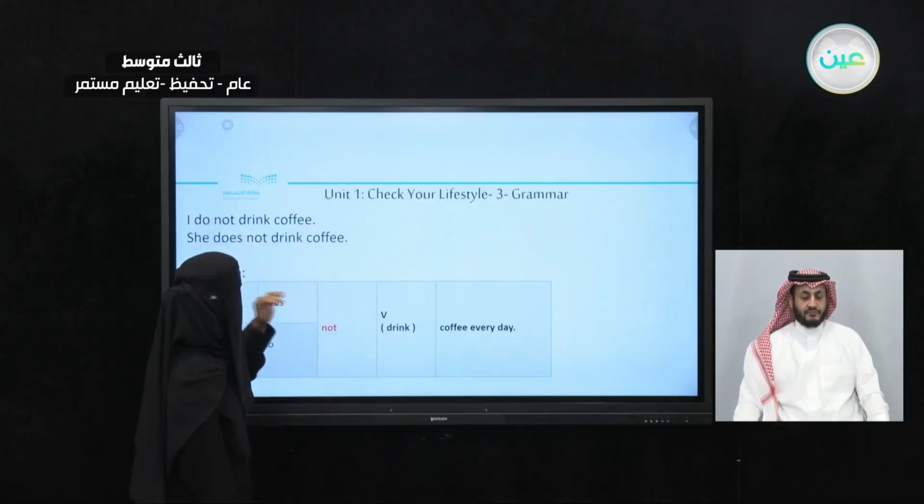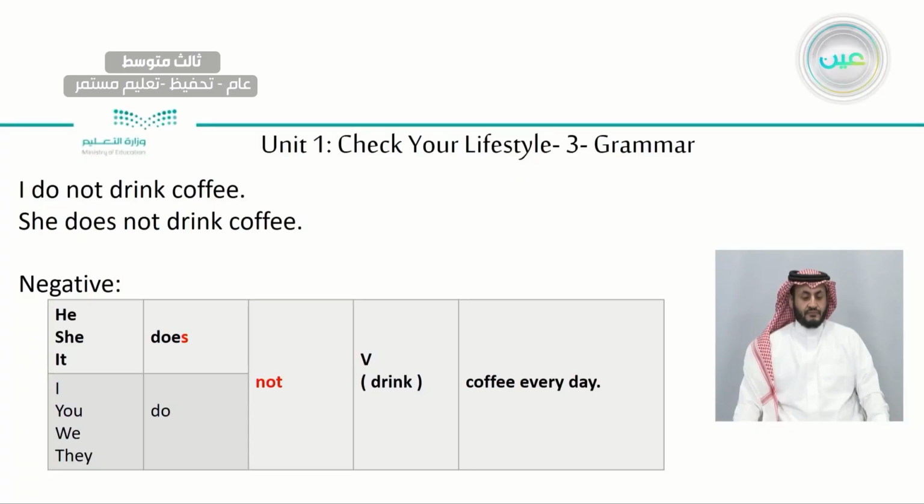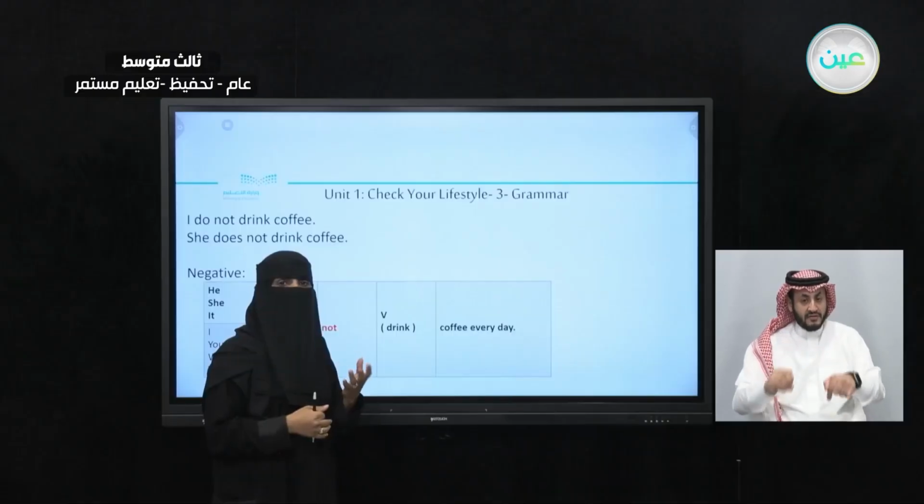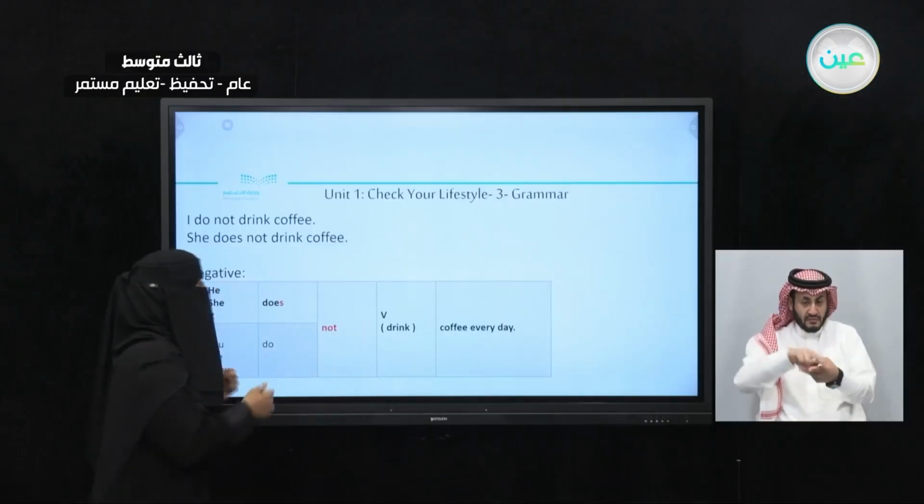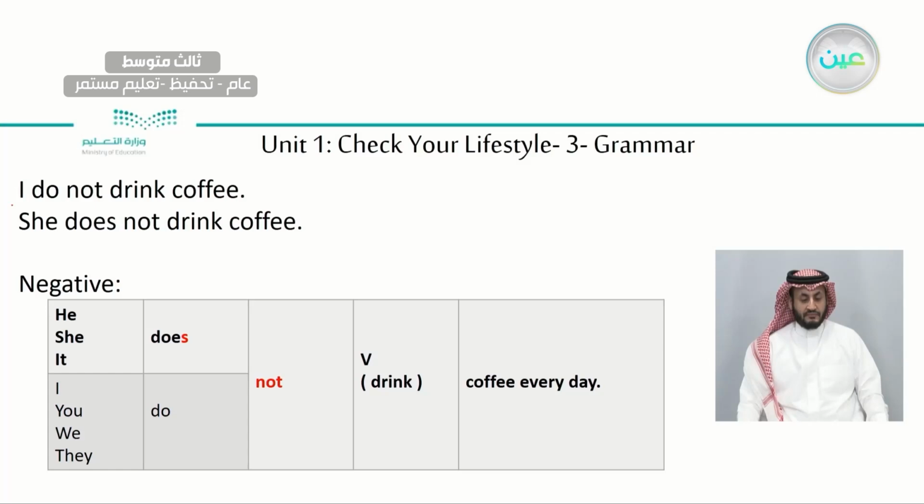Okay? What about if we want to use the negative in the simple present? We have to add something before the verb to be able to add not. Like here, you can say I, which is the subject, she is the subject.